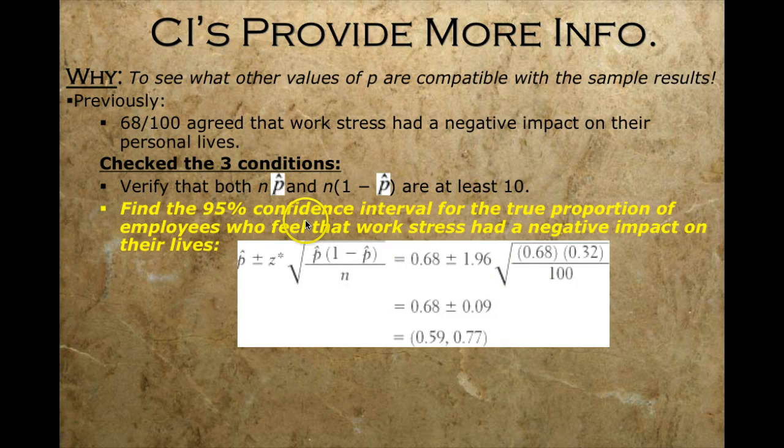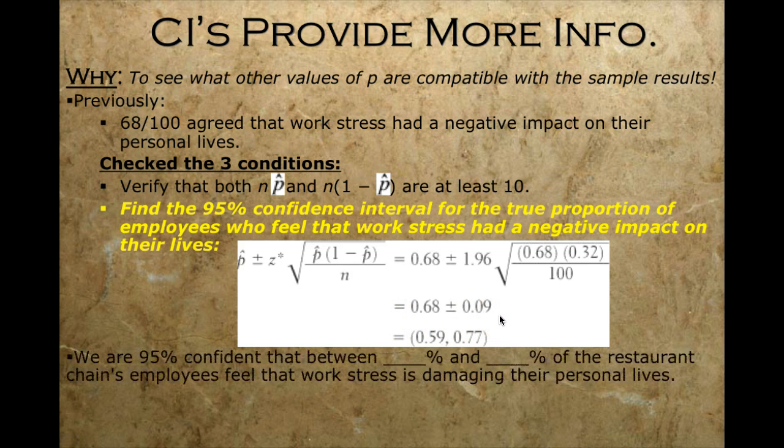So in this calculation, once again, remember that I would be using my p hat and my standard deviation because a confidence interval does not begin with a hypothesized value. Therefore, I do not have a p to plug into my standard deviation. So in this case, my sample was 0.68 plus or minus 1.96 times my standard error, and sure enough, I get an interval of 0.59 to 0.77.